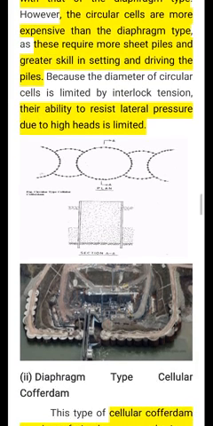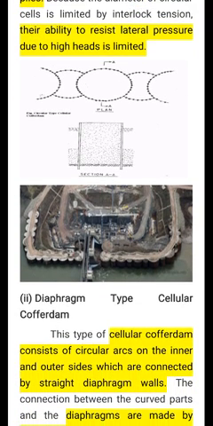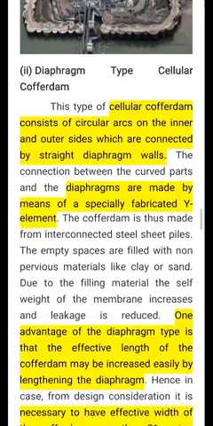Now you can see one circle, then an intermediate one, alternating, and they are connected by two arcs. So these are intermediate circular arcs. You can see the picture from the top. The cofferdam is lined.